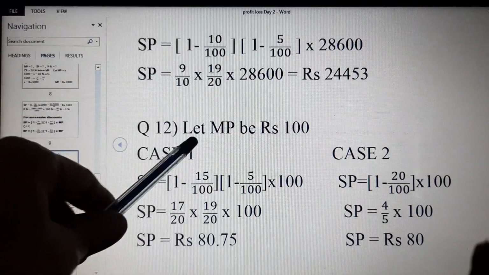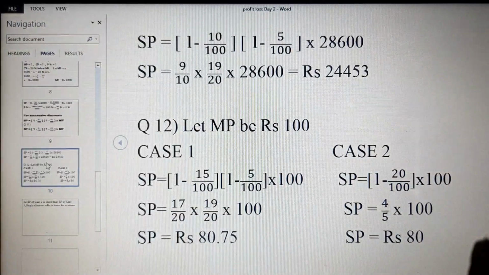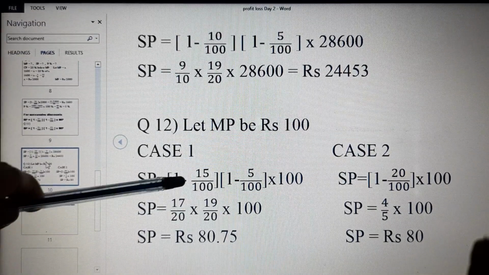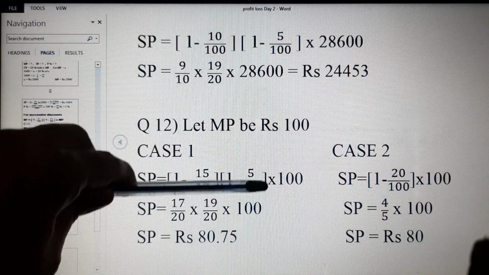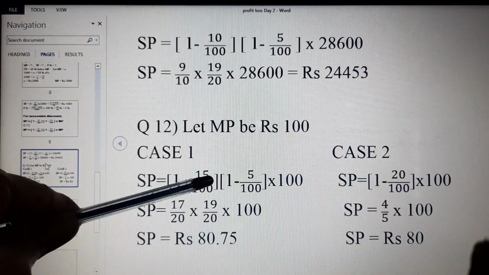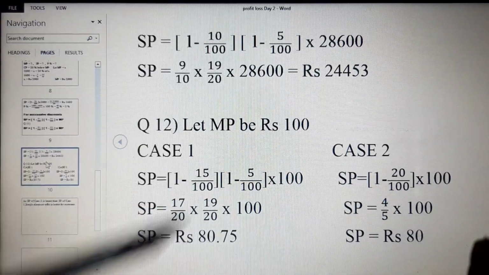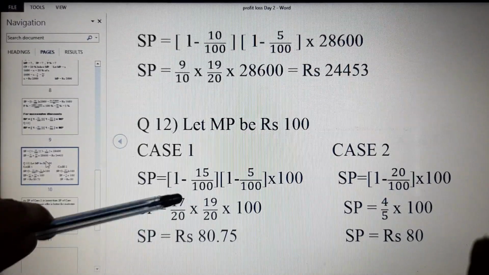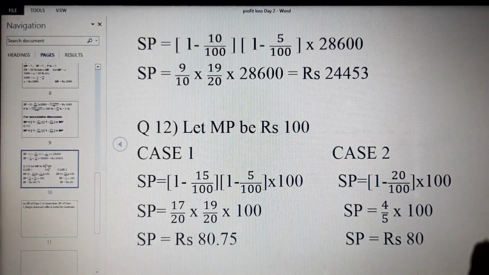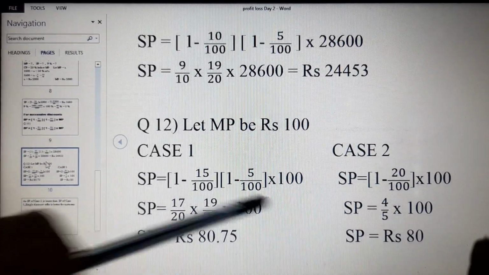For successive discounts, the formula is SP is equal to (1 minus D1 upon 100)(1 minus D2 upon 100) into MP. D1 is 15%, D2 is 5%. We'll solve it and get 17 upon 20, 19 upon 20, into 100. If you solve it, you will get rupees 80.75.